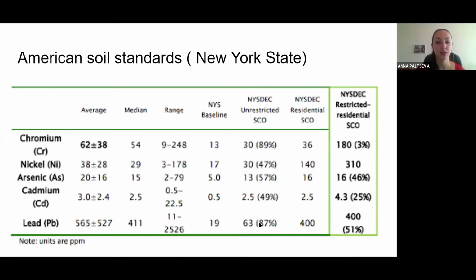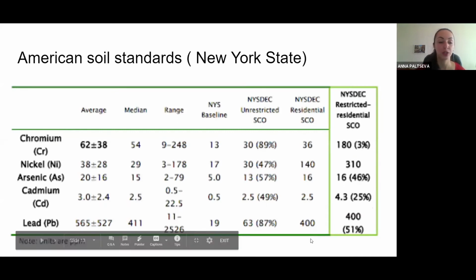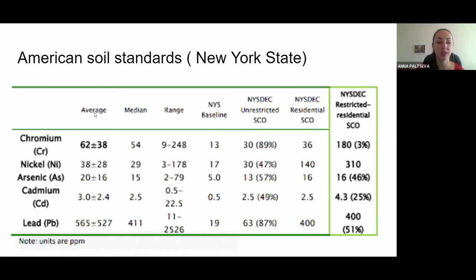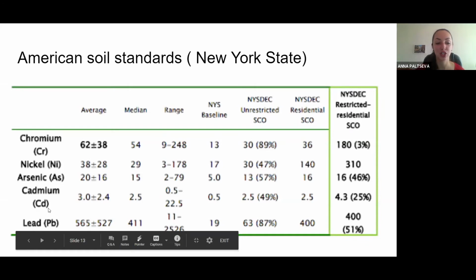Here are the American soil standards. Again, Professor Chen walked you through these different concentrations. We have different values depending on the use: if it's a residential area, a non-residential area, or a commercial area where people garden, we have different concentrations of metals that are permitted.